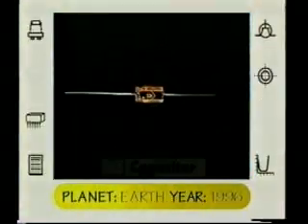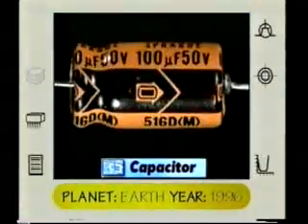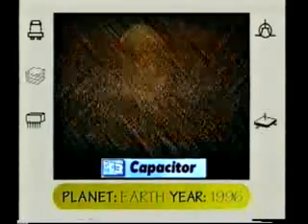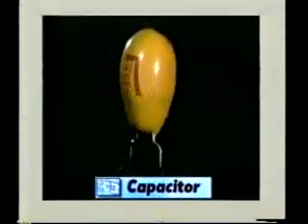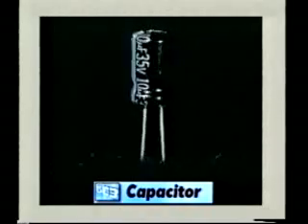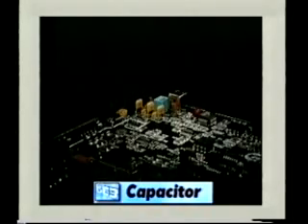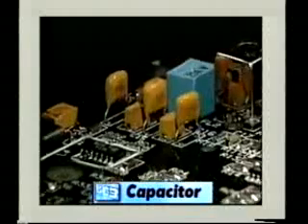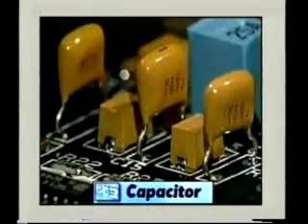Capacitors are the most widely used component in electronics of this era. They have the largest variety of shapes, sizes, and identifiers of any electrical component. Capacitors store and change the flow of electricity in a circuit and can be polarized or non-polarized.